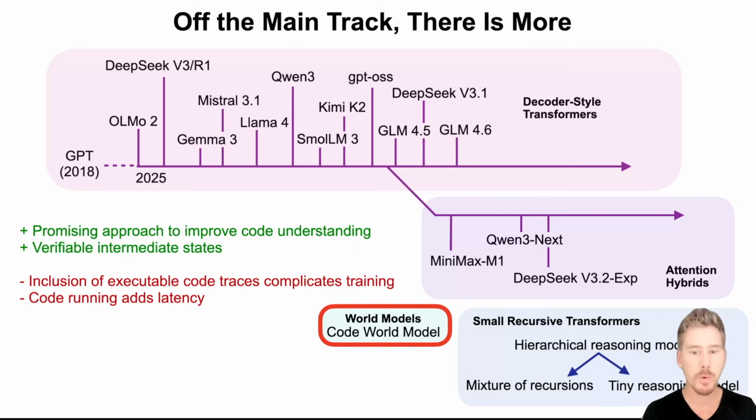We have code world models. World models in general have been mostly for vision tasks, but there was this code world model I saw earlier this year, and it's actually pretty cool. They take the idea of transformer style LLMs a bit further. They train on code traces where the model simulates how the code is executed and then knows about the internal variables of the code.